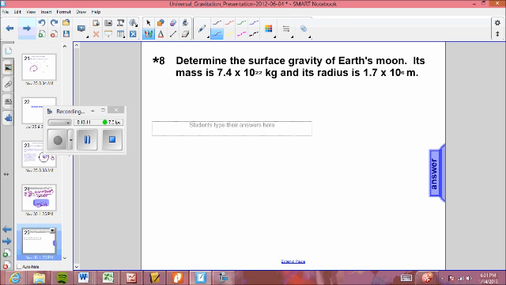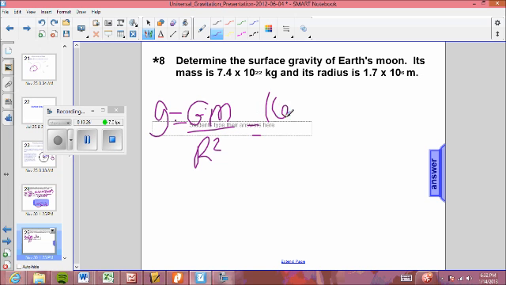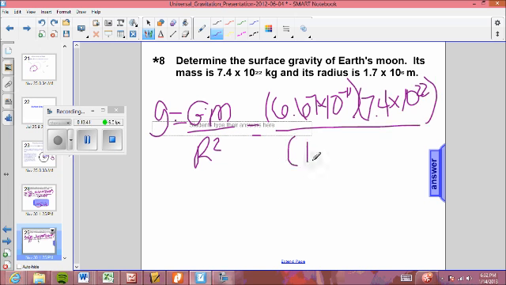Alright, so now they want to know on the moon. So, again, you're going to do the same thing. g equals big G M over r squared, which is going to be 6.67 times 10 to the negative 11 times 7.4 times 10 to the 22nd, divided by 1.7 times 10 to the 6th, squared.